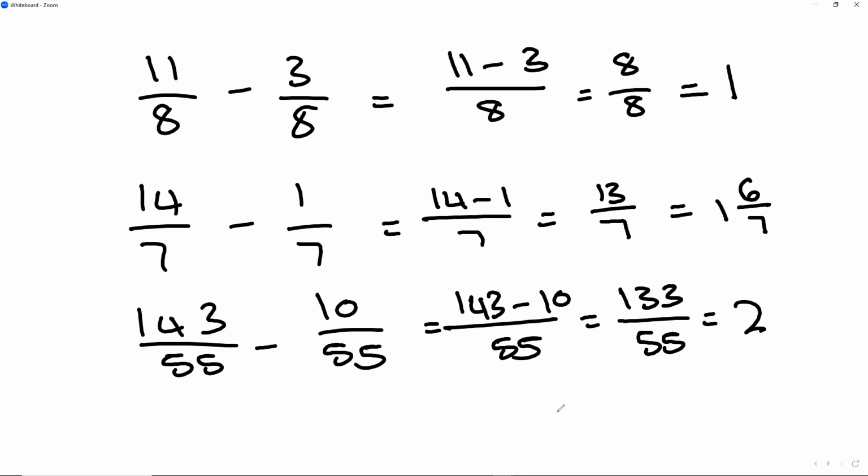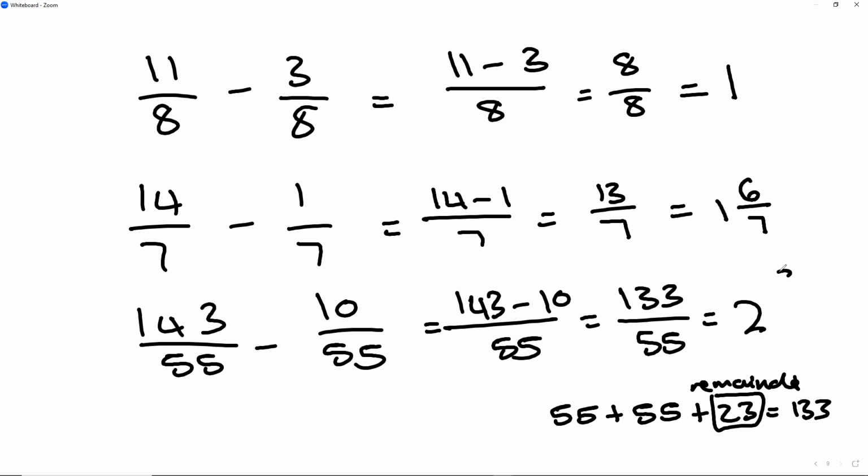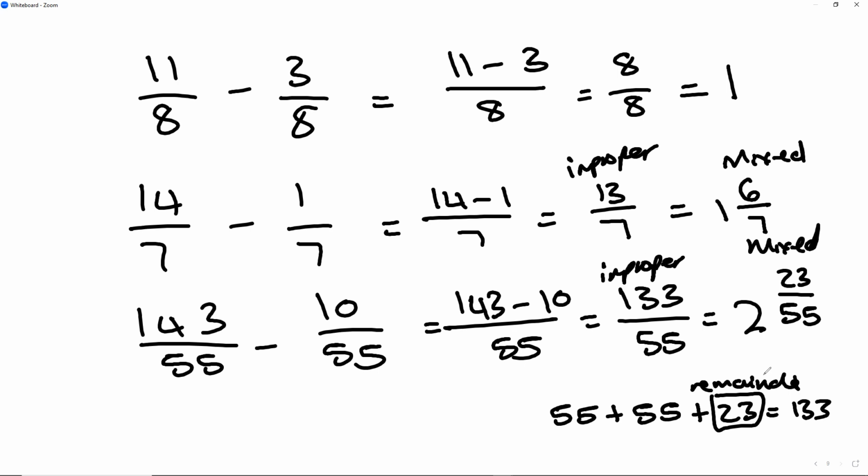If I had to go 55 plus 55, that's 110. 110 plus 23 would be 133. So this is going to be my remainder, and that's the number that we would put over 55 when we convert it into a mixed number. That's mixed. This is known as an improper fraction. This is an improper fraction as well.